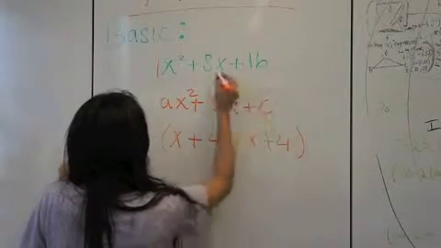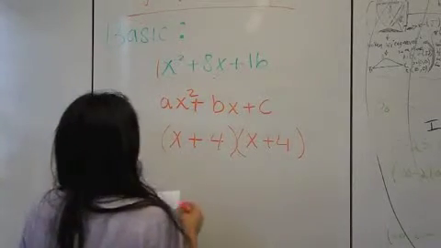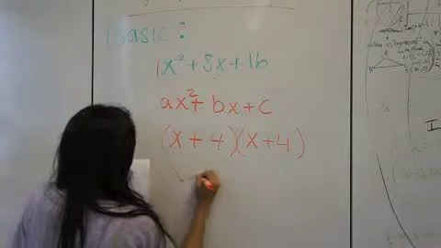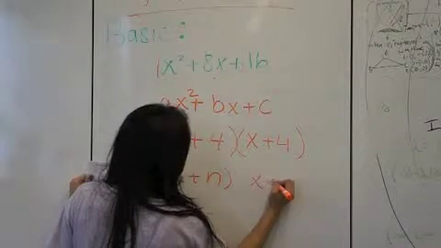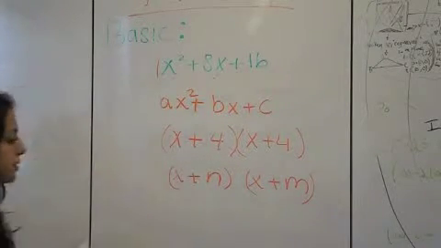The sum of the 4s equals 8, and the product equals 16. And these numbers inside of the steps would be named n and m. So that would be a basic problem.